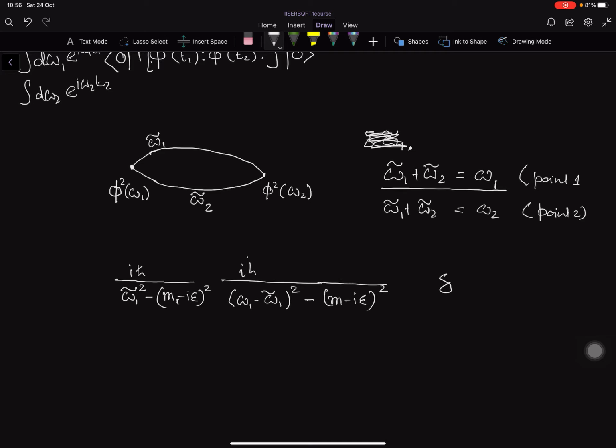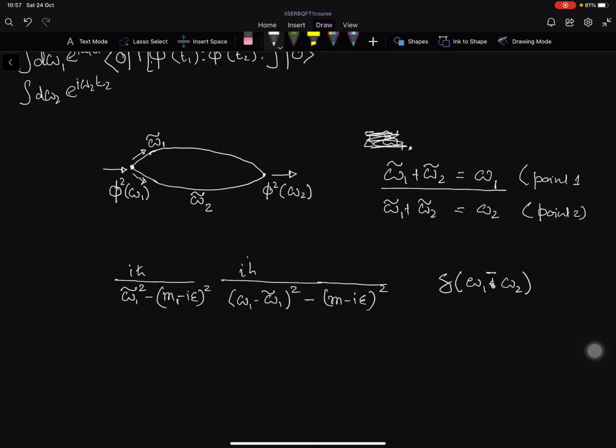And then there will be, of course, an overall delta function of omega 1 minus omega 2. Actually, a better way: for every propagator, frequency also comes with a direction, right? So in this case, this will be all the frequencies going out. So I write it in this way.